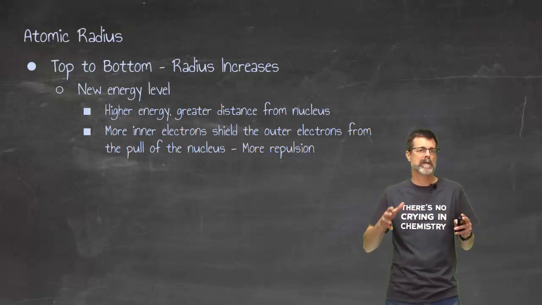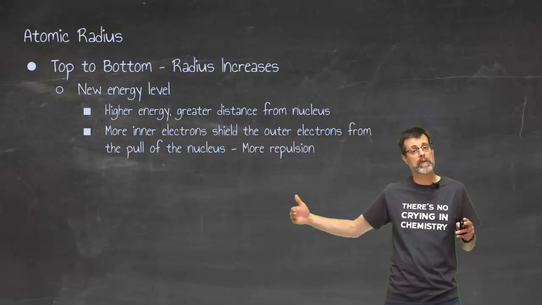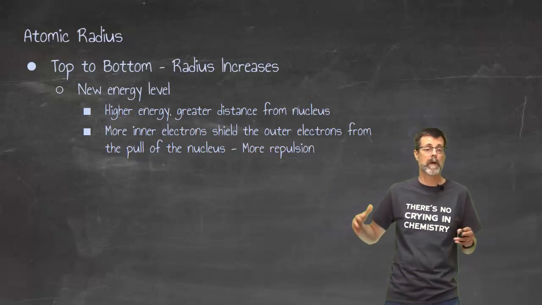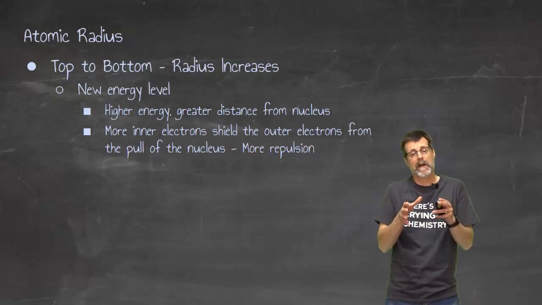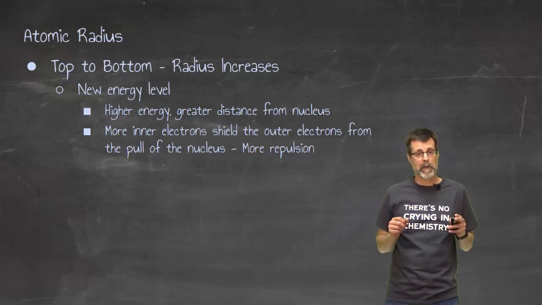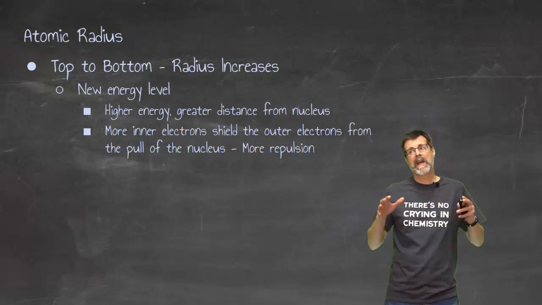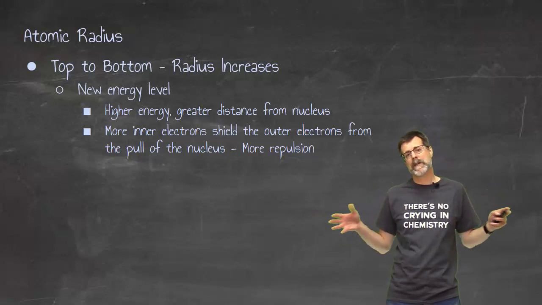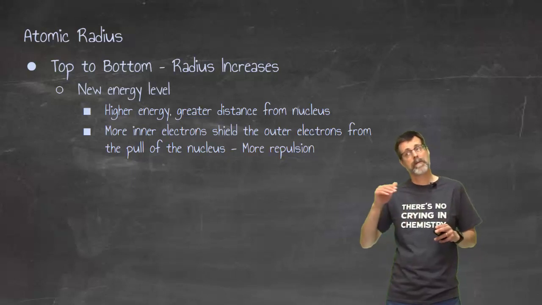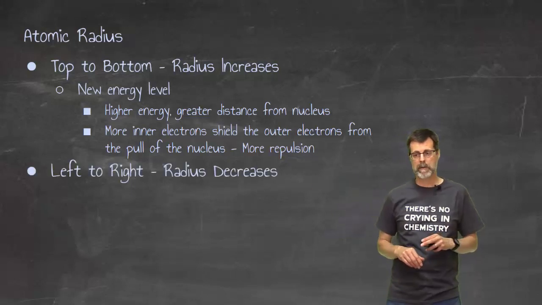So the amount of attractive force reaching those outer electrons or electron is much more diluted or much weaker. So that I've now increased the amount of repulsion, more electrons, and I've effectively decreased the effective nuclear charge, so I've got less overall attraction from the nucleus to the outer electrons.